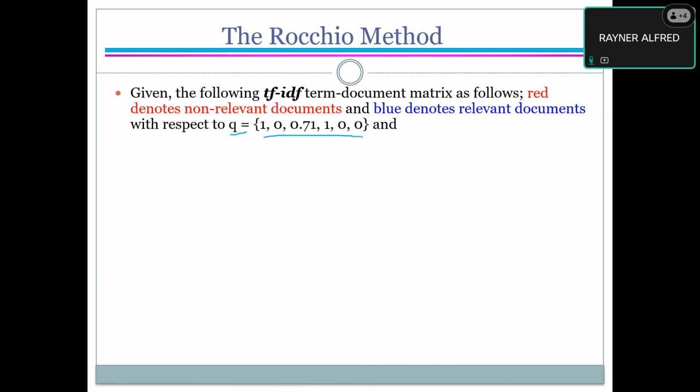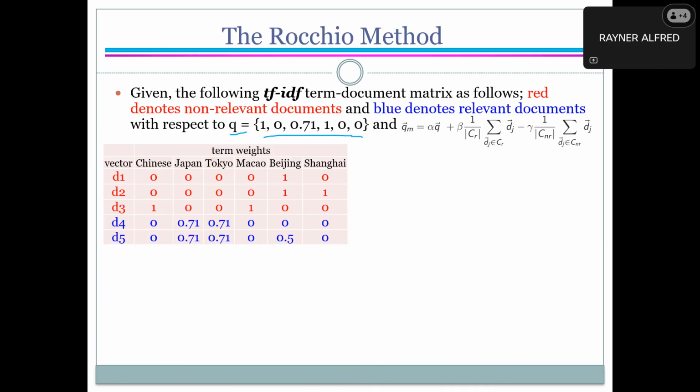So these are the weightage. Okay. So with the query, the blue one denotes relevant document. So this is your relevant document. And this is your non-relevant document.